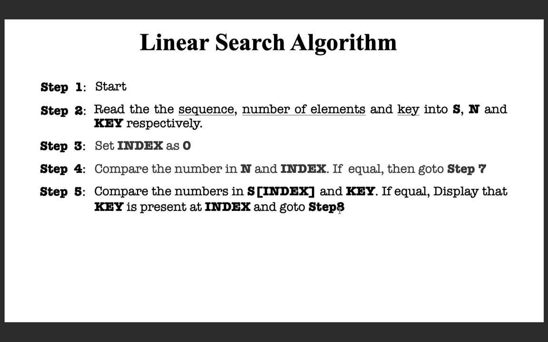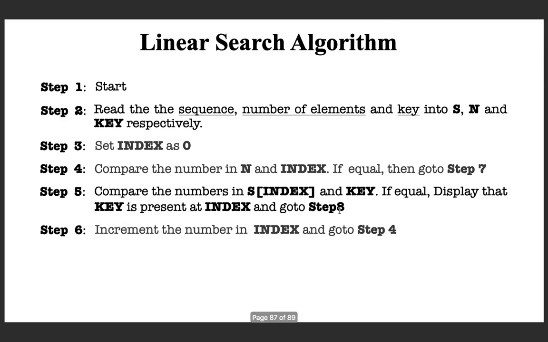You will go to step 8, which is stop. If you find a match, you jump to the stop statement. Otherwise, you come to step 6. That means these are not matching. Then we increment index and repeat. Go to step 4.